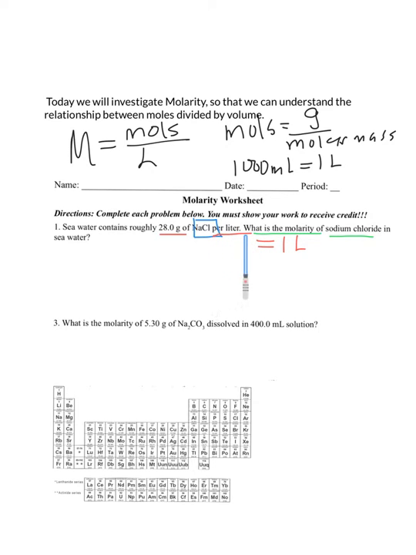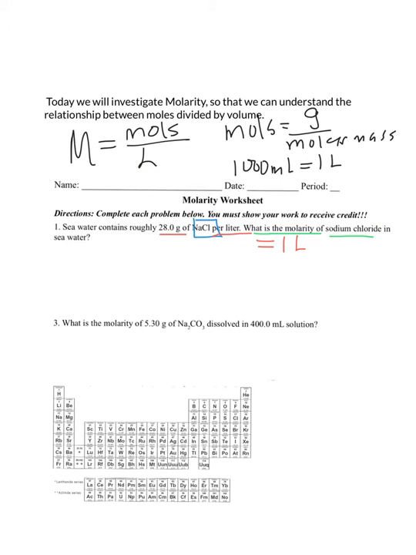So per liter tells me that that's for every 1 liter. However, one of our problems here is that it's 28 grams, and we can't use grams. It's moles. So we first have to convert our grams to moles.